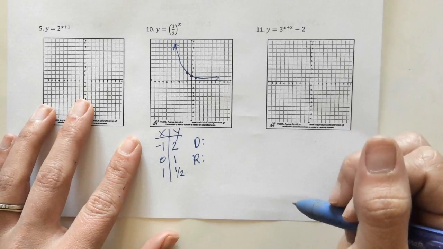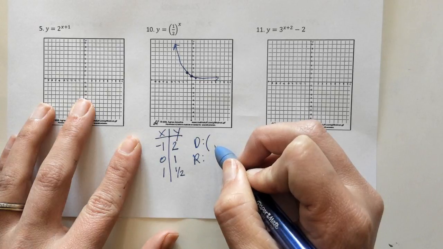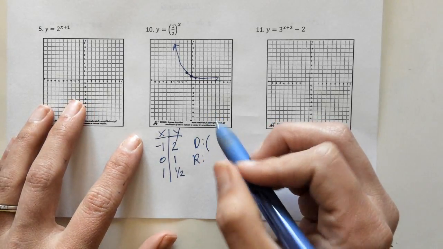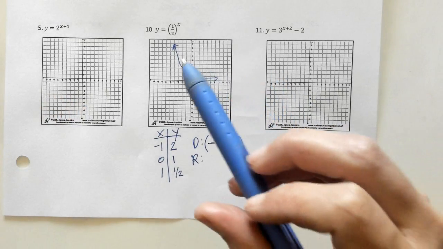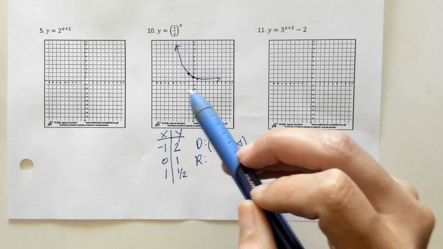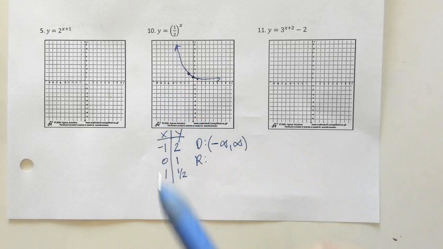Alright, domain? Nope. Come on. Negative infinity to infinity. Always the smallest number first, but also, I know it looks like it's going up right here, but domain's talking about left to right, correct? So even though it looks like it's going up, these x values are still what on this side? Negative.